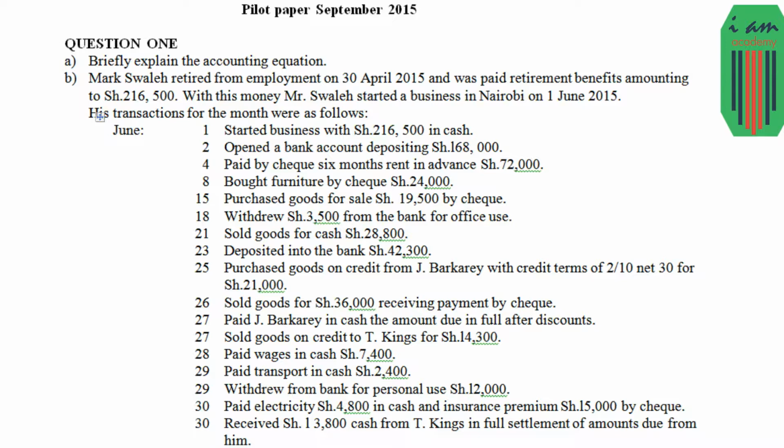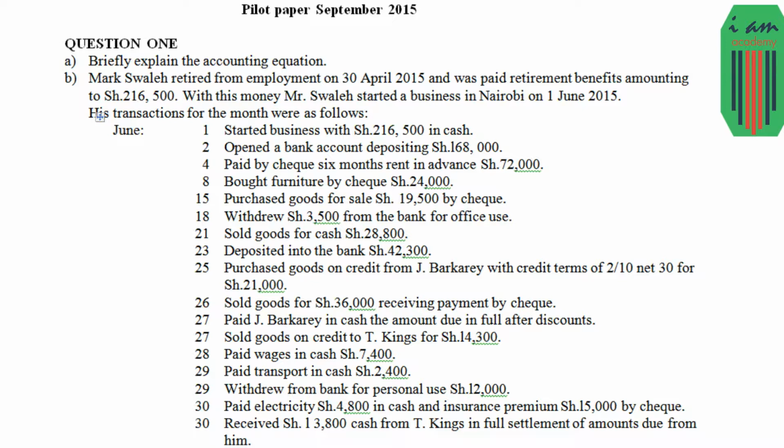On 27th, he sold goods on credit to T. Kings for 14,300. On 28th, paid wages in cash amounting to 7,400 shillings. On 29th, he paid transport in cash at 2,400. On 29th, he withdrew from bank for personal use 12,000 shillings.